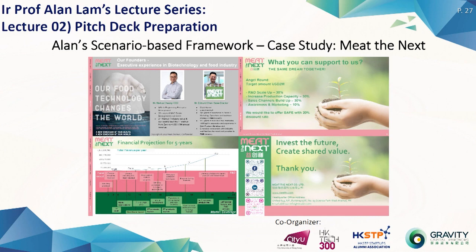But do you have the execution plan, IPO plan that allow the investor to exit? Okay, so they come up with the 5 years plan with the financial forecast and the IPO roadmap. Then that's the last page is the further information like website, like the Facebook, whatever, okay?